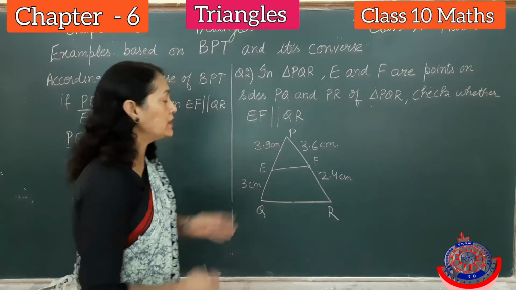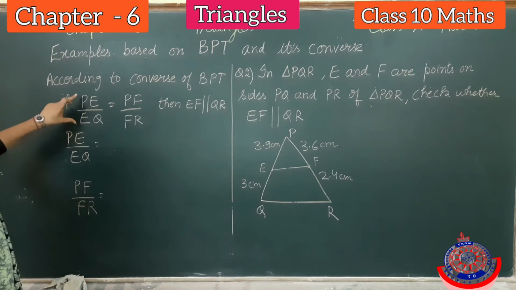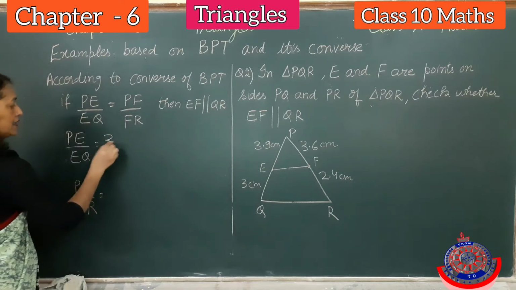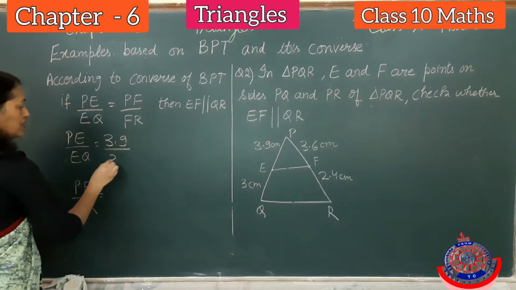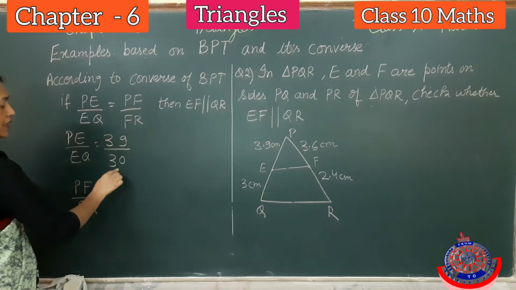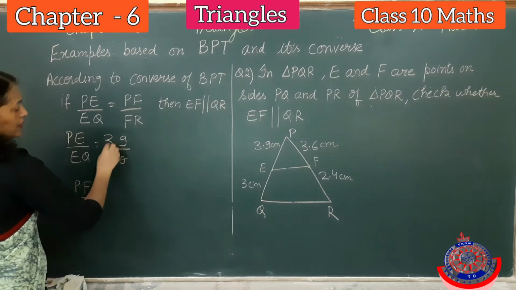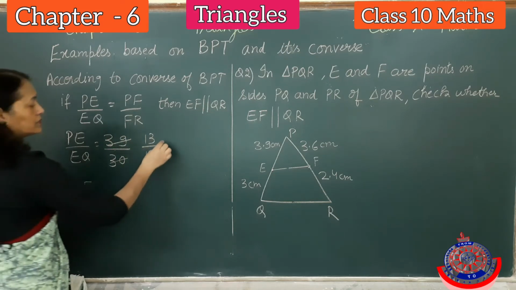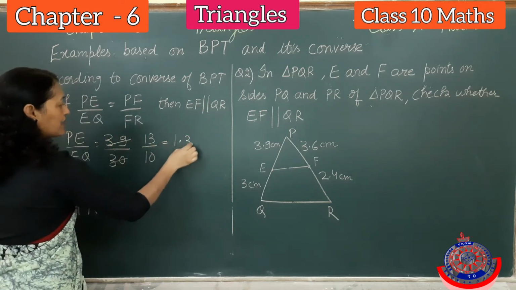So let us check. First of all, we have to find the value of PE upon EQ. PE upon EQ would be 3.9 centimeter upon 3 centimeter. Removing the decimal, we get 39 upon 30, and after cutting by 3, we get 13 upon 10, that is 1.3.